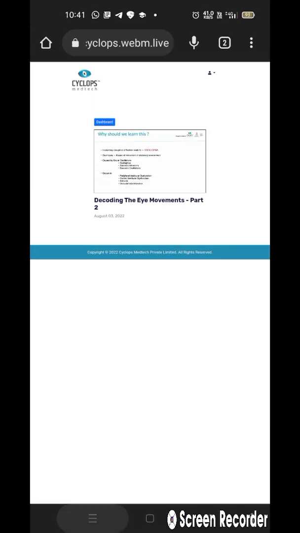We have seen in the visual fixation system, the neural substrate, that the occipital lobe is not involved.